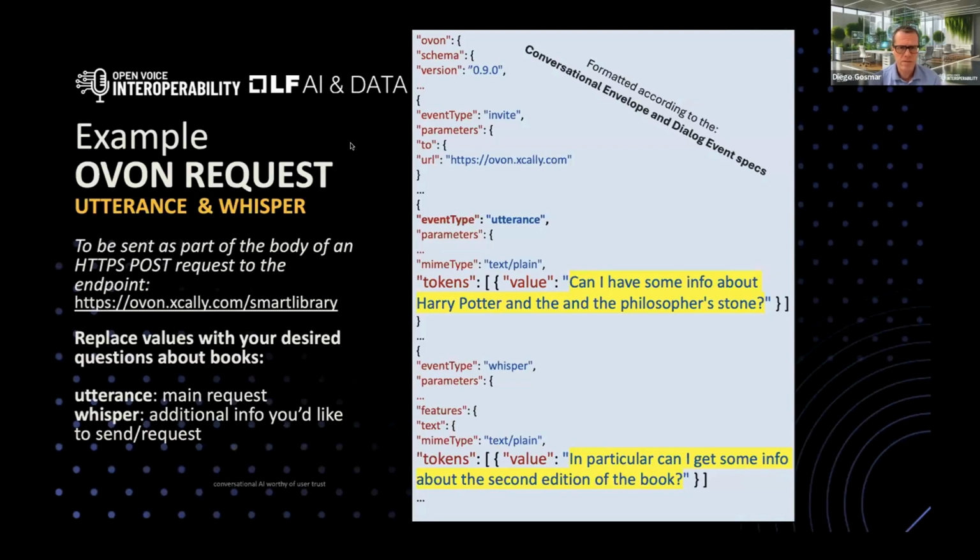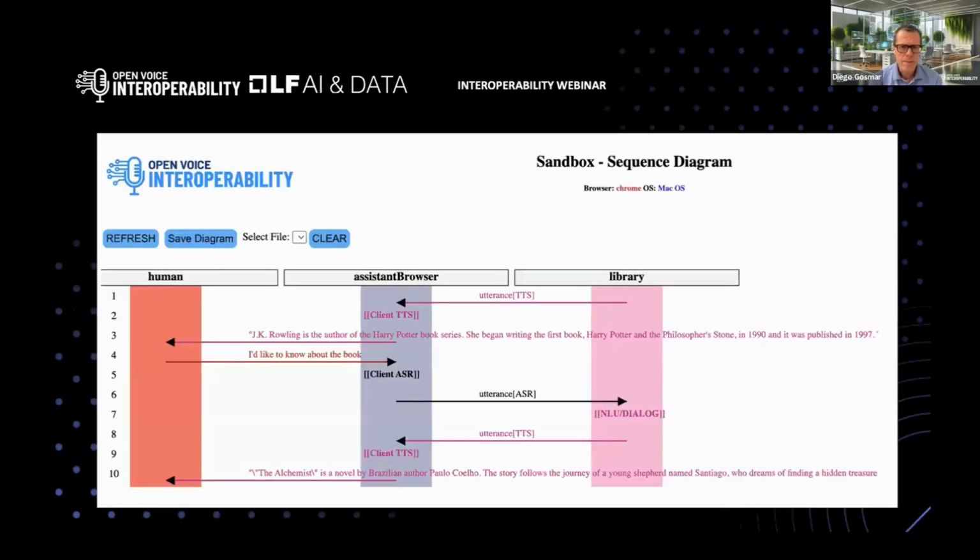Next slide, please. And of course, the smart library is part of the Sandbox. So if you download the Sandbox, install it, and launch the Python script, you will be able to try the smart library as well. This is an example of a diagram. Next one, please.